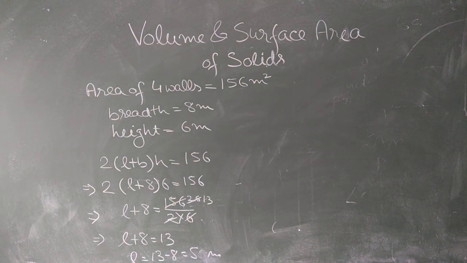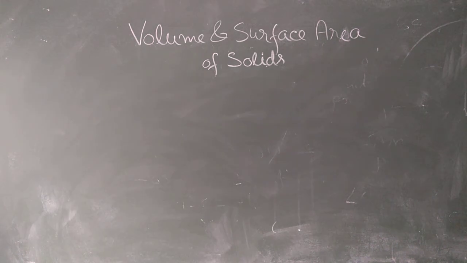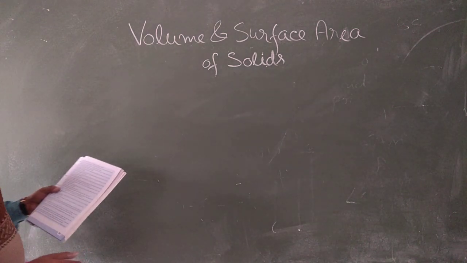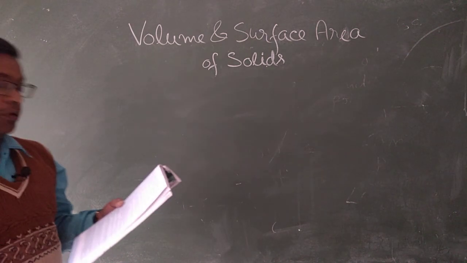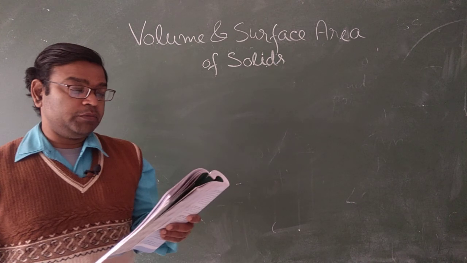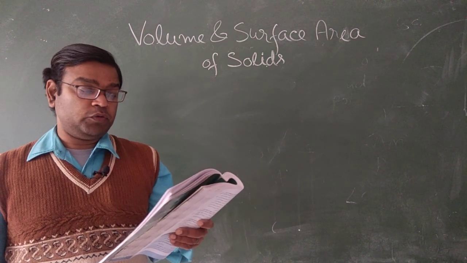Now move to the next question. This is the last question of this video. Hope you can easily understand the concept of volume and surface area. The question says that a classroom is 12 meter long, 7 meter wide and 4 meter height.